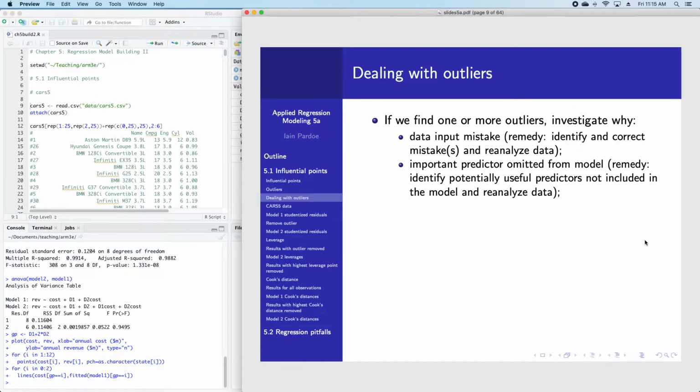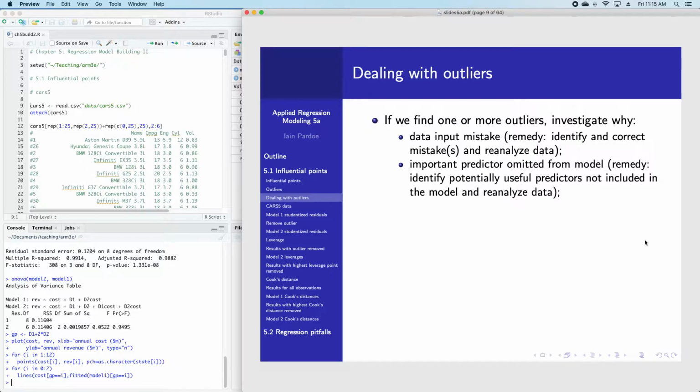Another possible scenario is that there's actually nothing wrong with the data. It's our model that's deficient. For example, we might have neglected to include an important predictor. If we go back and reanalyze the data with that predictor included, we end up with a better model, and all of a sudden that data point that we identified as an outlier in the first model is no longer an outlier in the second model.